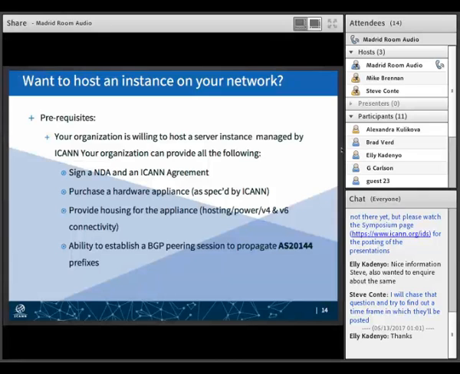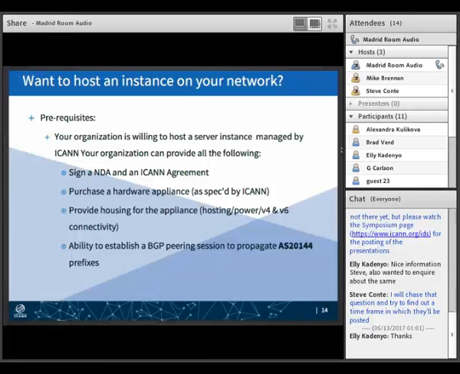You will have to purchase this hardware appliance that is specified by us, and then provide housing for the appliance. That means having the hosting, the power, the connectivity for V4 and V6, and being able to peer a BGP session with us with the aforementioned AS number.